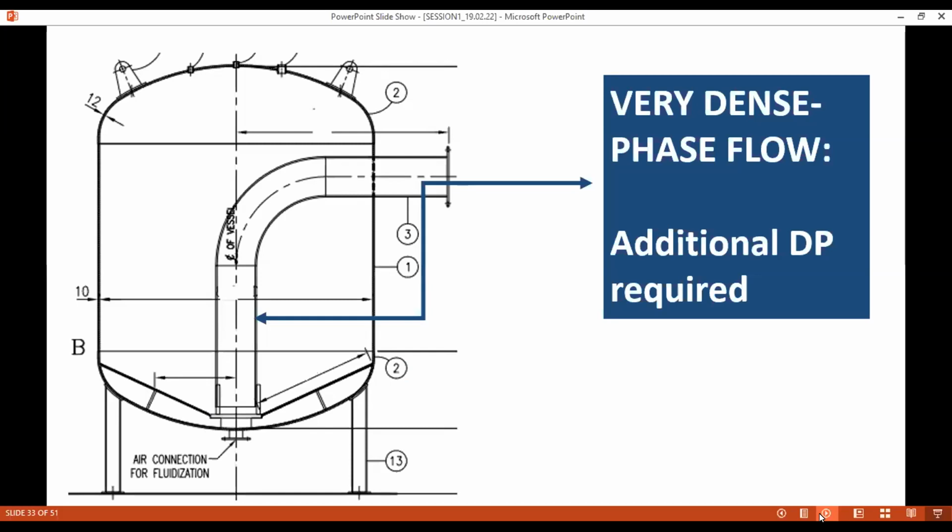Only when the ash comes out of the blow tank does it meet the remaining 70% of the air. So in the riser pipe, the L-type, 90-degree pipe, there's a heavy concentration of ash. With that, you will have very dense phase flow and a lot of DP, a lot of pressure drop across the blow tank.